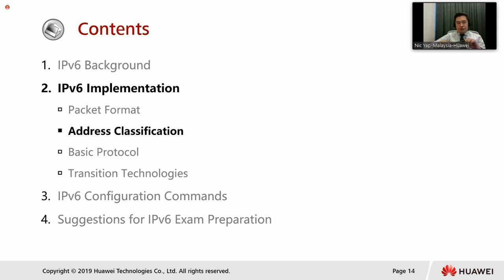IPv4 is straightforward: class A, class B, C, D and E. But for IPv6, there are a lot of extra addresses you can define, so we can't use just a basic classification. We need to know the differences in address classification done by IPv6.